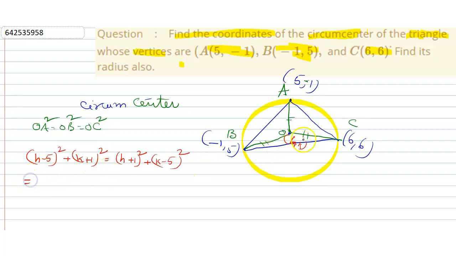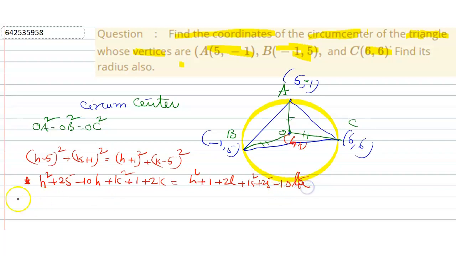OB we have already done. Now we square it and solve and see what will happen. h square plus 25 minus 10h plus k square plus 1 plus 2k is equal to h square plus 1 plus 2h plus k square plus 25 minus 10k.